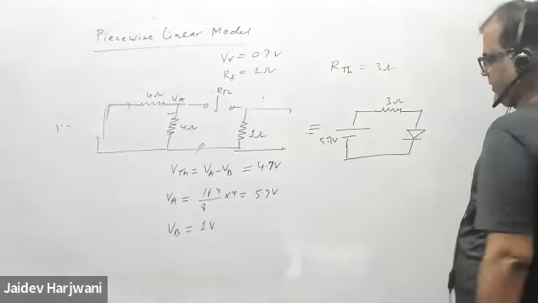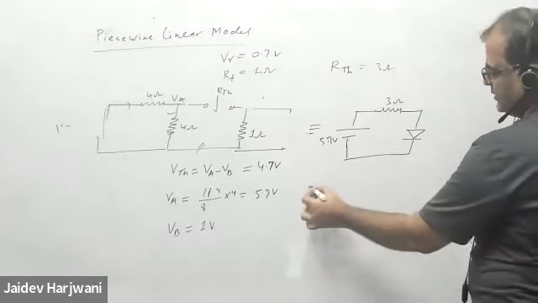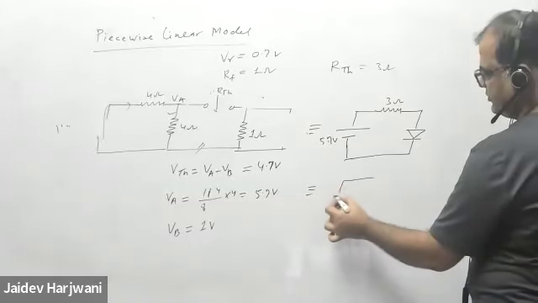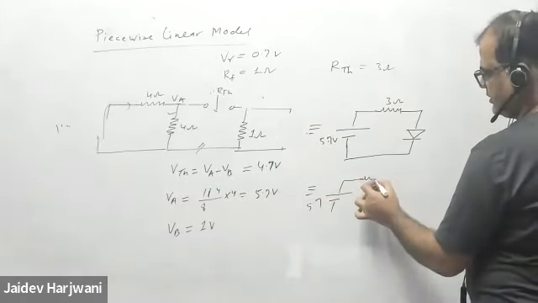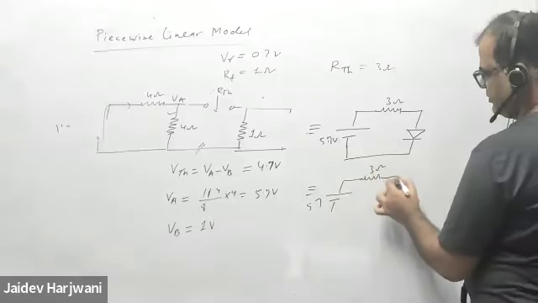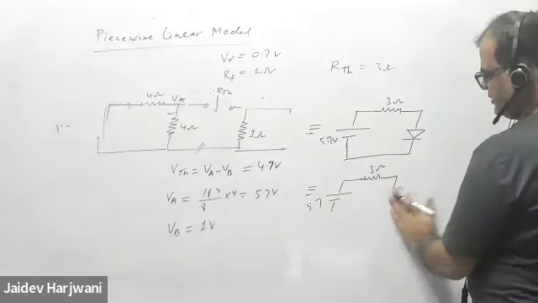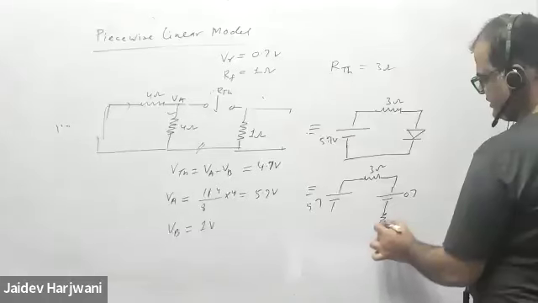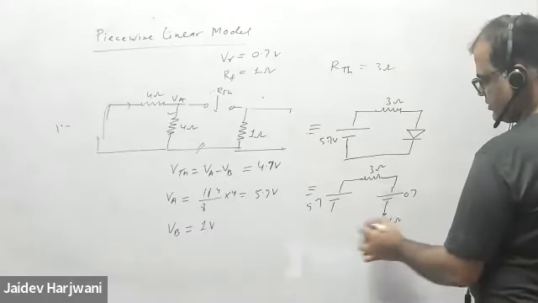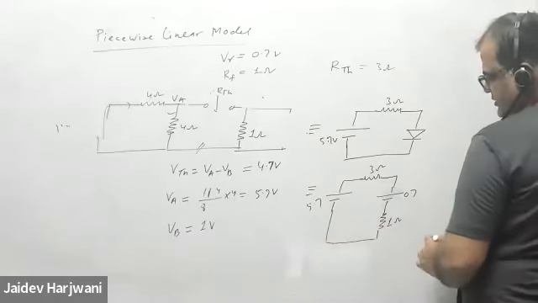Now this diode is forward bias, so you can replace this diode with 0.7 volt and a resistance of 1 ohm. Put it back here.